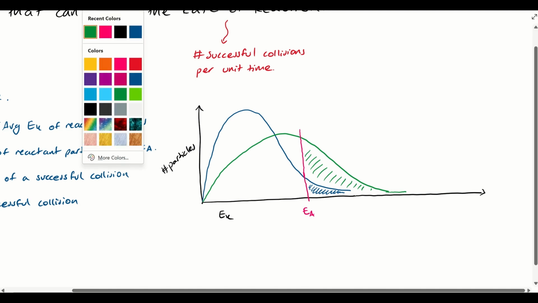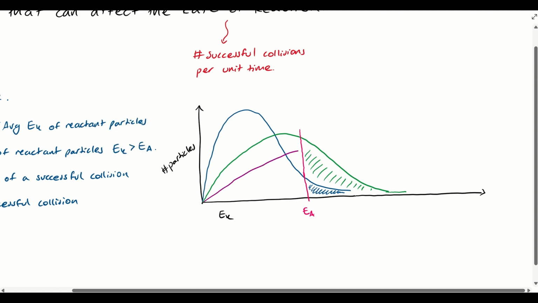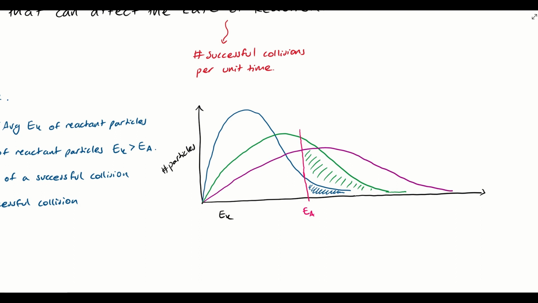So let's have a look at one more. Say we increase the temperature even further. It's going to distort this curve even more. We now have an even greater proportion of particles that have enough kinetic energy to overcome the activation energy. We now have all of these as well as what's in the green and the blue there.